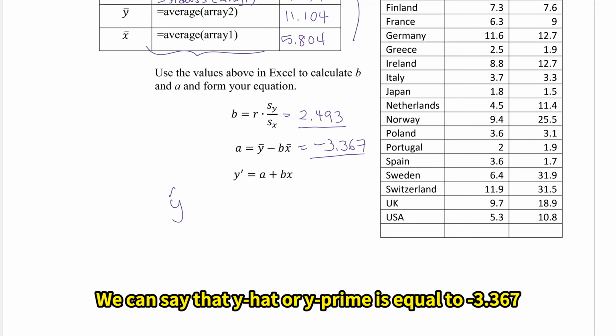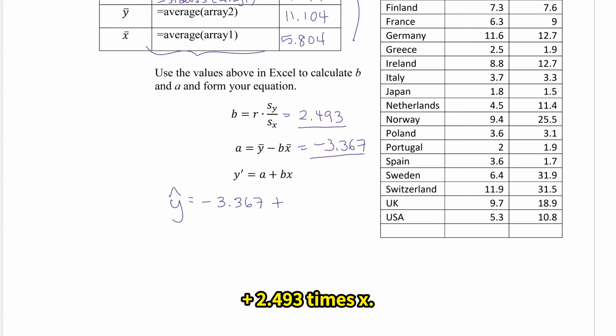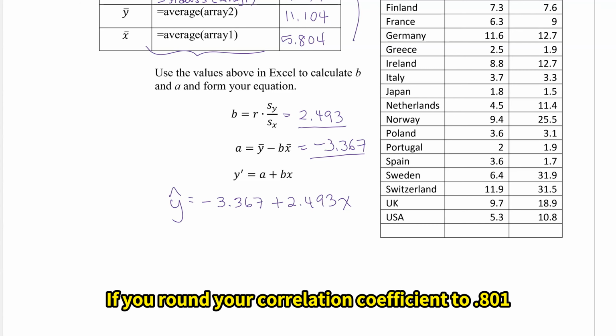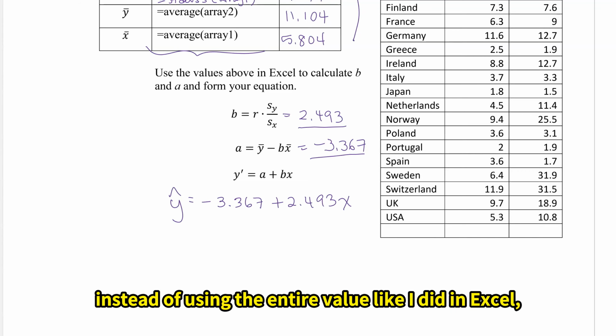We can say that y hat or y prime is equal to negative 3.367 plus 2.493 times x.